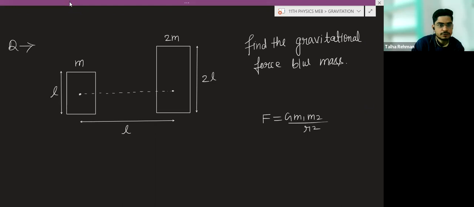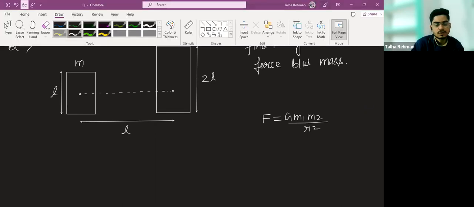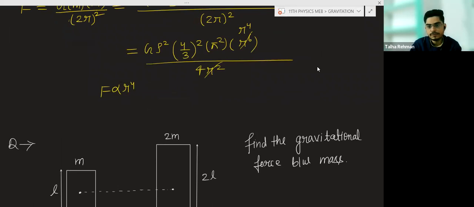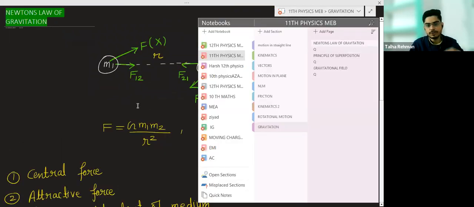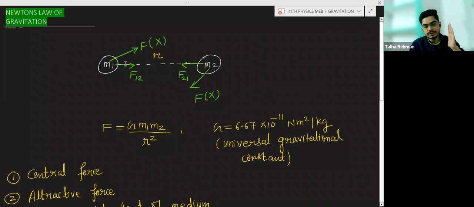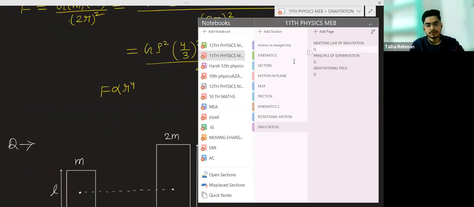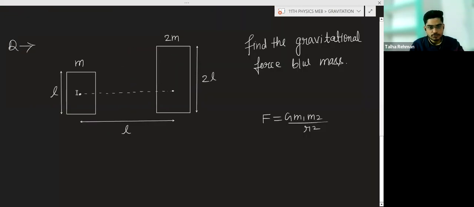Now see how we will solve this question. Always remember, the force will be along the line joining the centers of the two masses. So first see what is the line joining the centers of the two masses. This will be the center of this mass, but this cannot be the center of this mass.